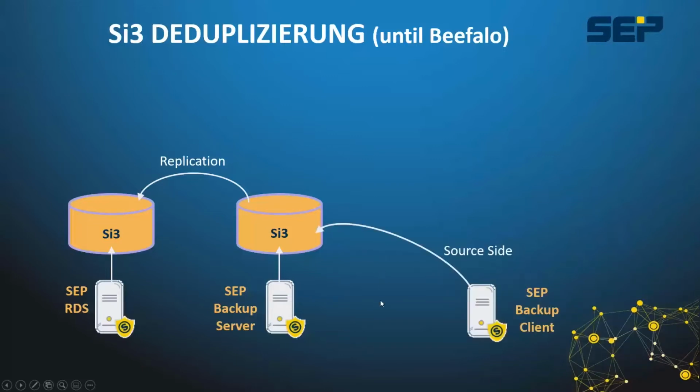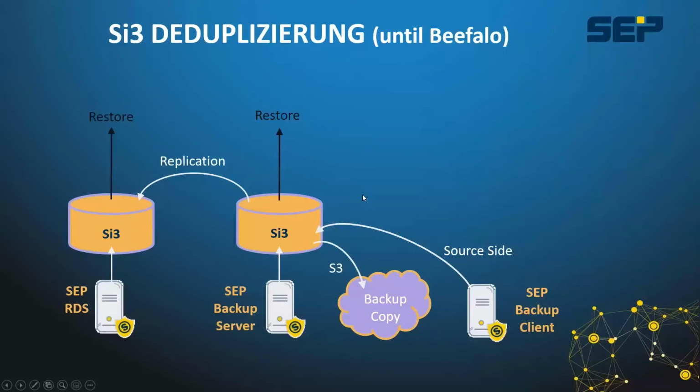It also was possible to do source-side deduplication backup from a backup client directly to the data center, to the backup server. You could restore from both sites, from both SI3 deduplication storages, and it was possible to have a kind of security backup copy via the S3 interface.